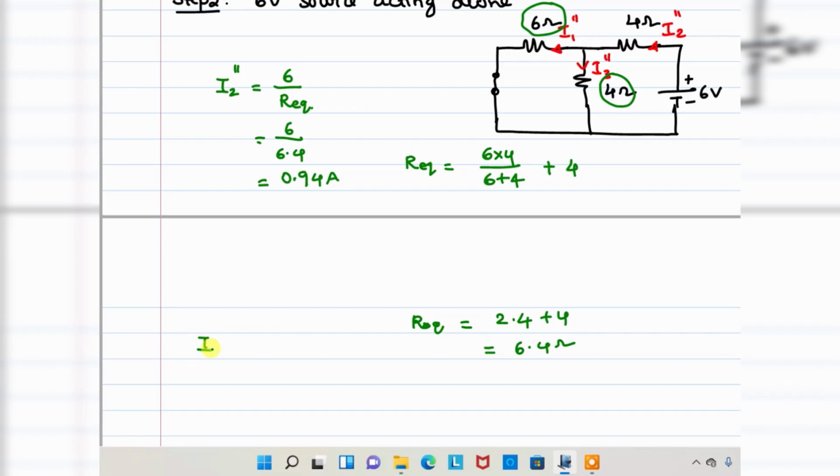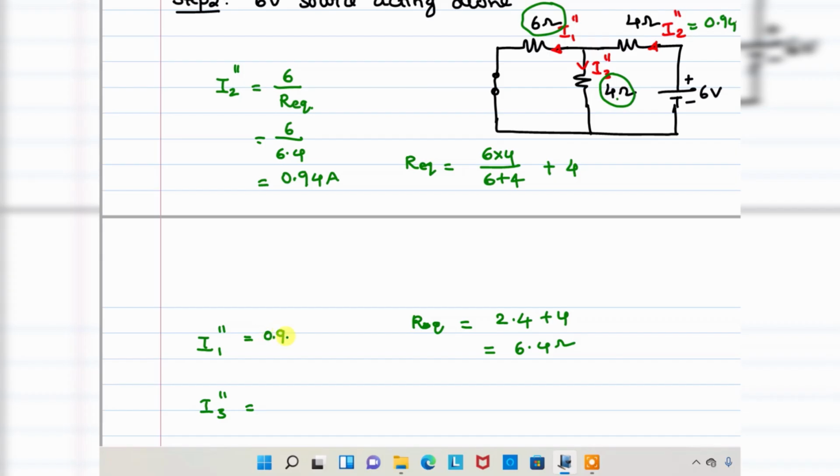Next we are going to calculate I1 double dash as well as I3 double dash. So look at here, you know this current is 0.94. This is 4 ohm, this is 6 ohm. Both the resistances are different, that's why I apply the current division rule.